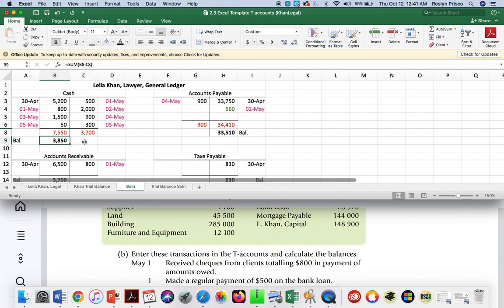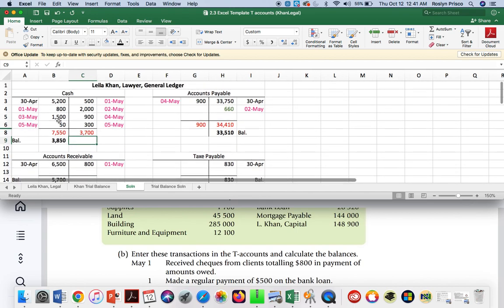It would be very unusual to have an overall balance in cash that is a credit. It just doesn't really make sense, because the credit side is the decrease side. It actually could happen, but we should have that conversation another time. So balancing the accounts: add up all the debits, put in the total. Add up all the credits, put in the total.